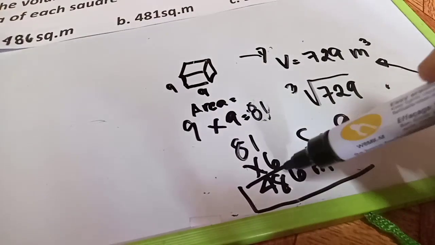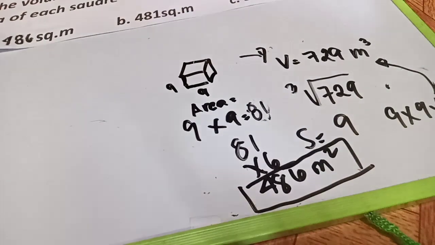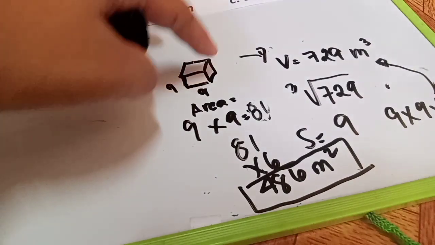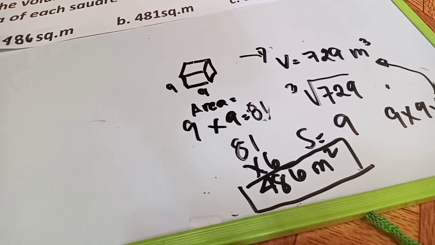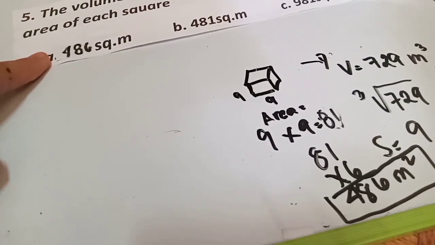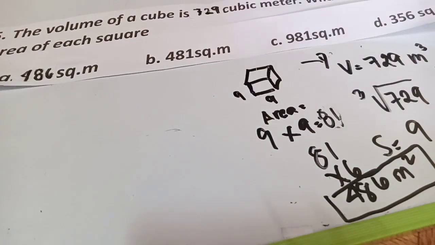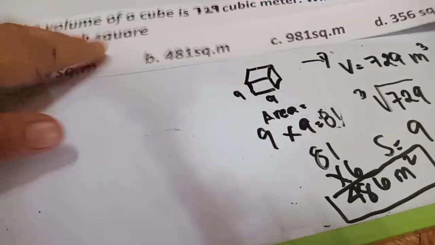So, this will be our final answer. So, the total area, 6 faces. 1, 2, 3, 4, 5, 6. And at the back. So, the answer is letter A. Take note, letter A. 486 square meters is the total area of a cube if the side is 9 meters.